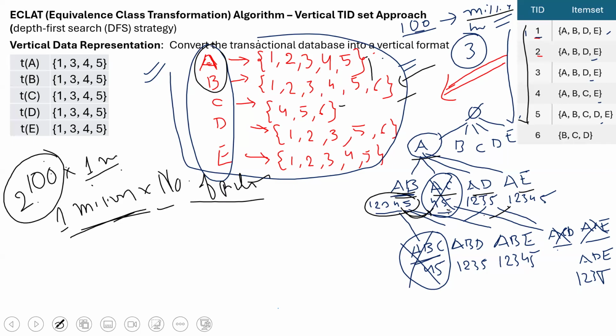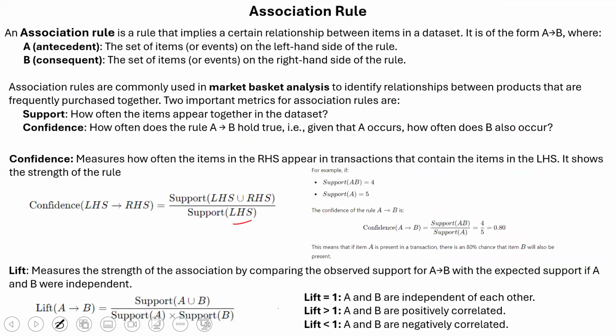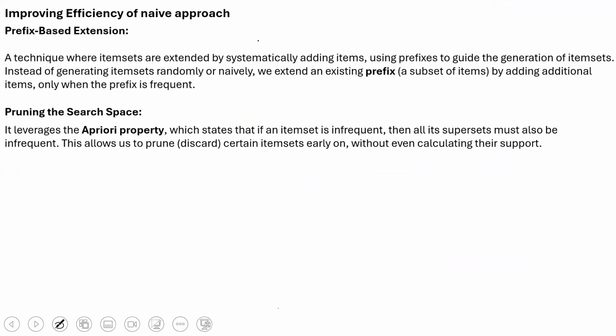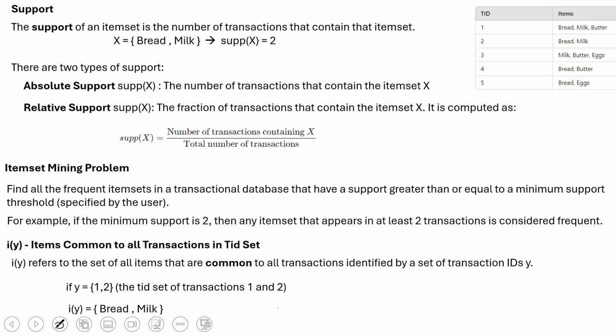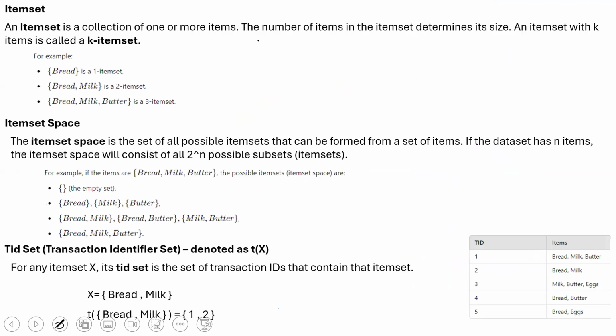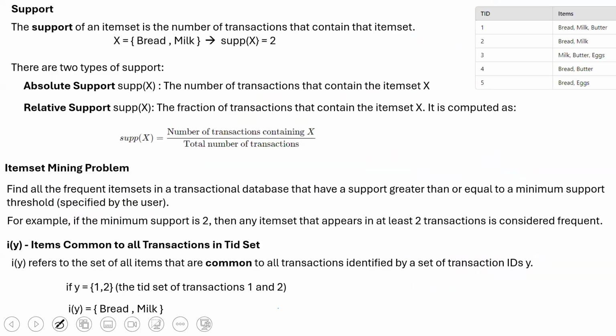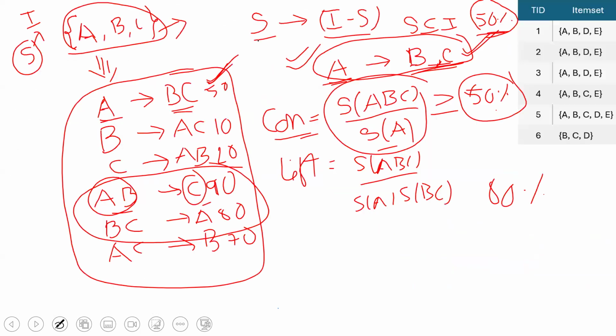This is what we have learned along with the key terminologies in the previous slides: transactional ID set, transactional space, item set space, item sets, TID set, and all that. You also have seen support and the item set mining problem.